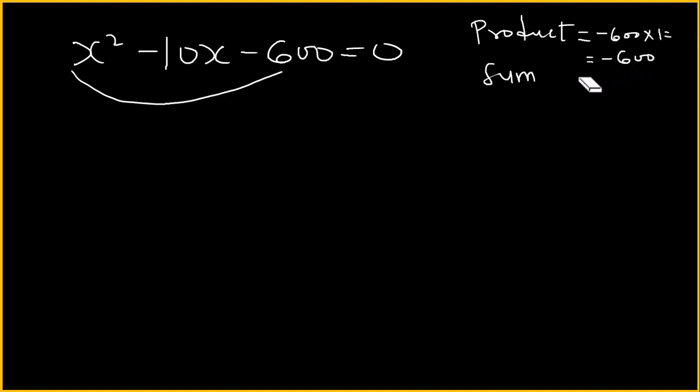And with the sum, we are going to find factors of 600 which, when added, give negative 10. So from here, this would be negative 30 plus 20. Negative 30 plus 20 gives negative 10, and negative 30 times 20 gives negative 600.